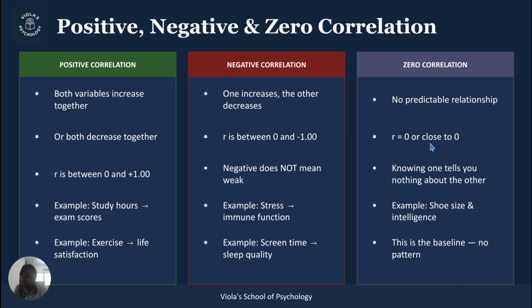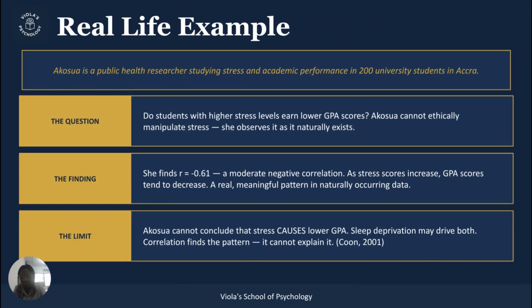So knowing one tells you absolutely nothing about the other, and the coefficient for this is at 0 or near 0. So let's talk about a real life example.